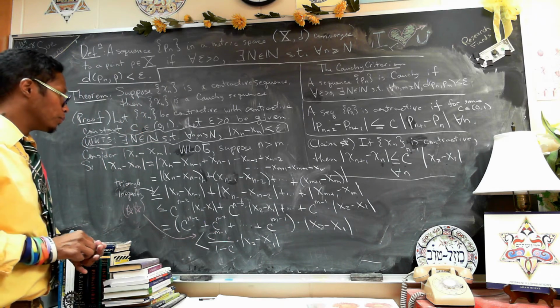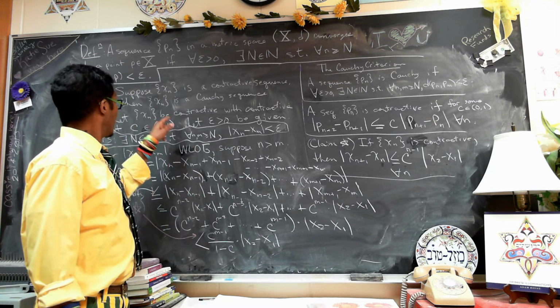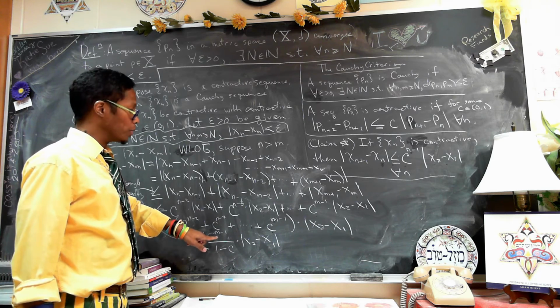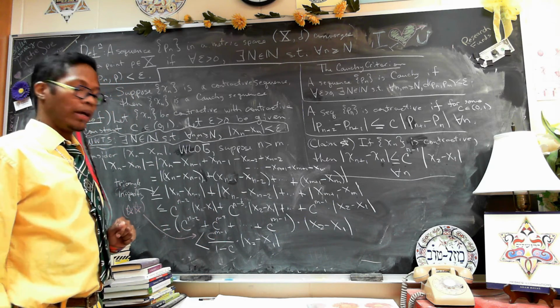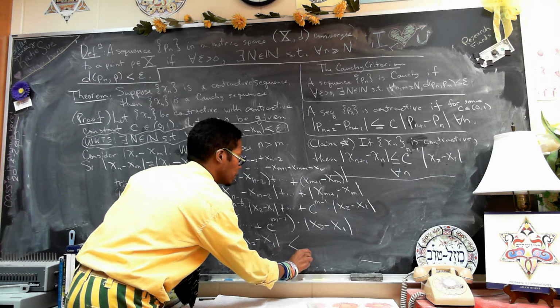If so, then I know that as m goes to infinity, c to the m minus 1 goes to 0. So I can definitely find a capital N such that this is less than epsilon.